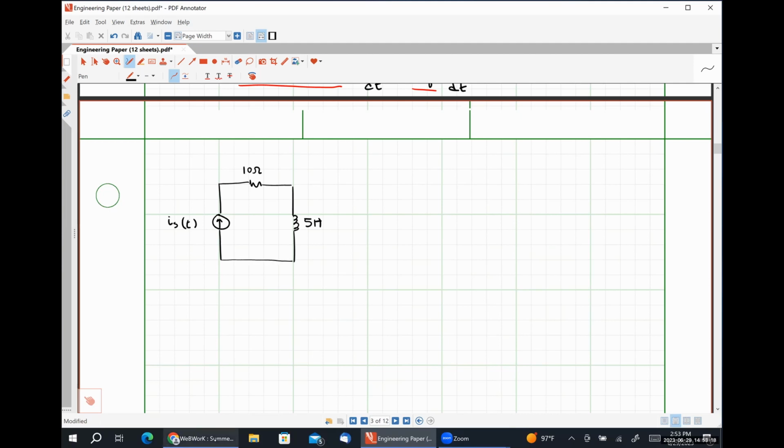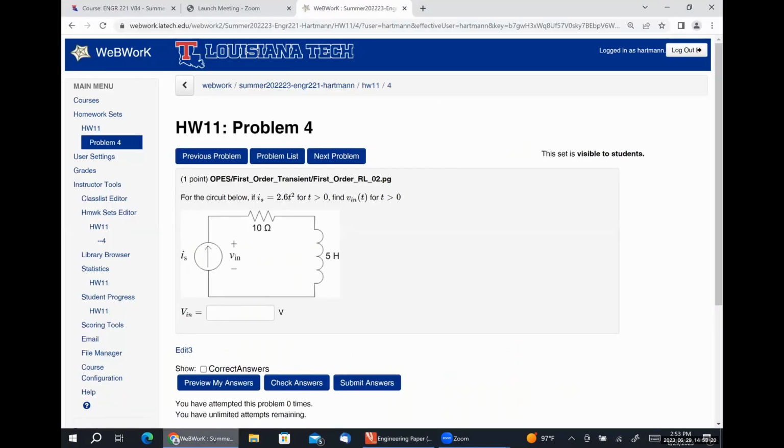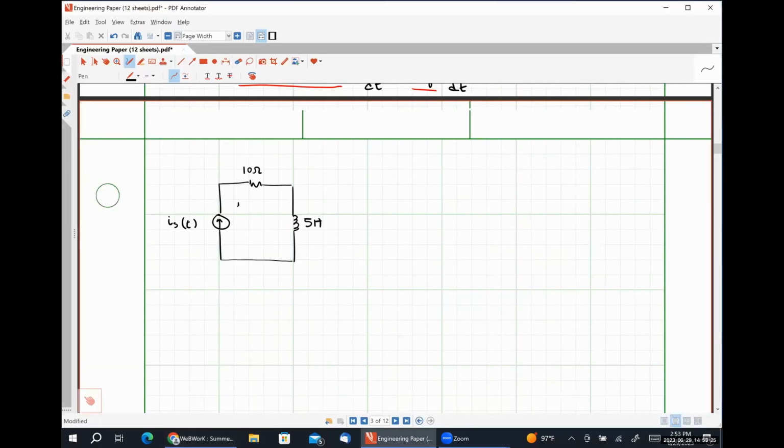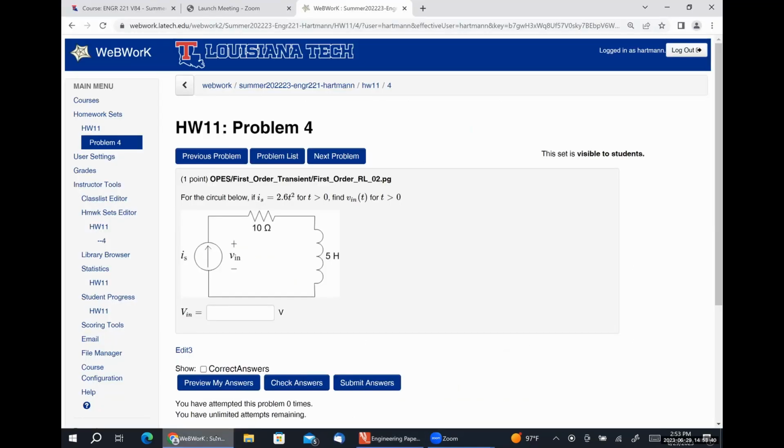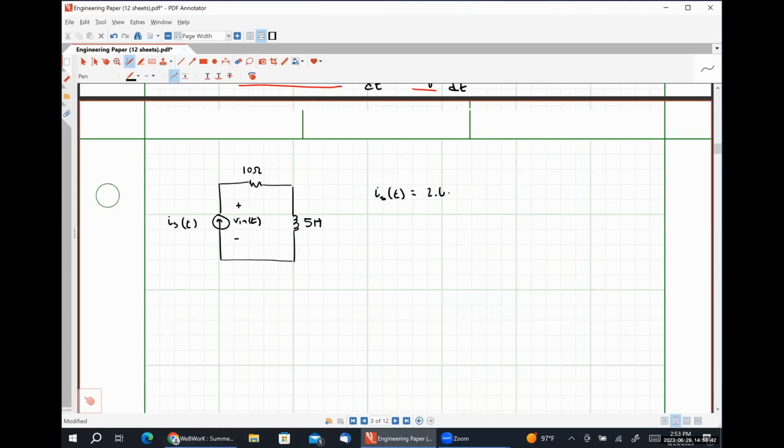And if I'm not mistaken, we're asked to find the voltage drop across the source. So we're trying to find Vn of t, where Is of t is given to us, and we'll just use my numbers here, 2.6 t squared amps for t greater than 0.